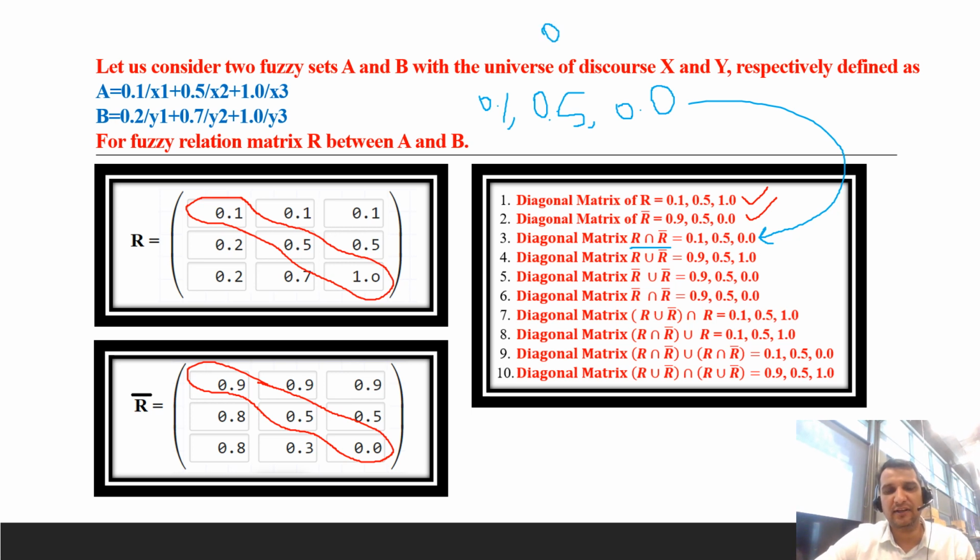I don't think I have to explain all these things to you. Then 0.5 and 0.5, again the maximum is 0.5. And in the last step, 1.0 and 0.0, so the maximum is 1.0.